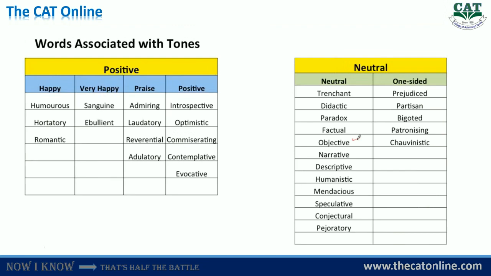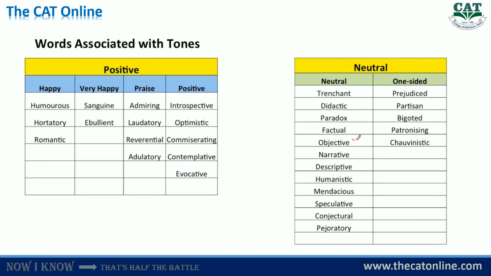Again, it may be a chauvinistic tone. Chauvinistic is when you're showing authority over others because you belong to a certain community. For example, we have male chauvinism. The people who are male chauvinistic feel that they can rule over females.